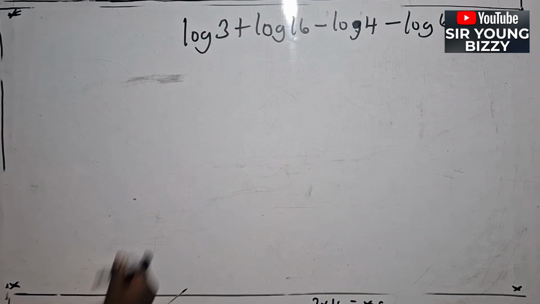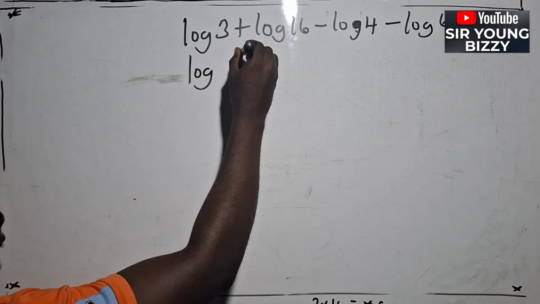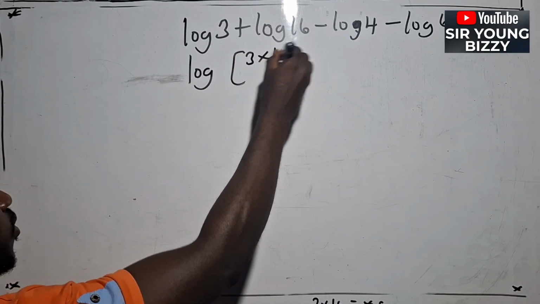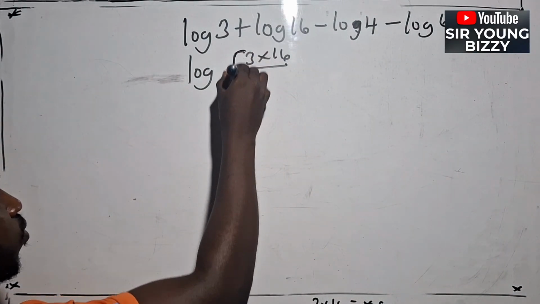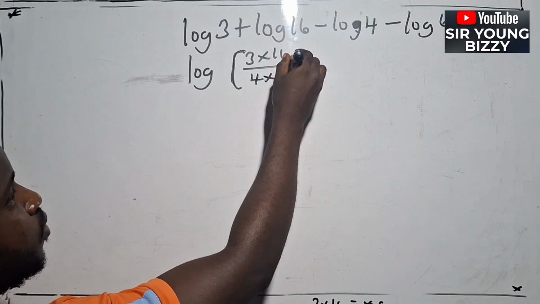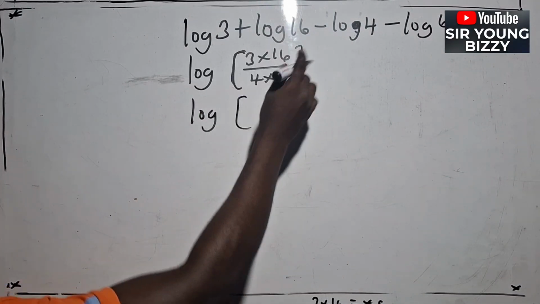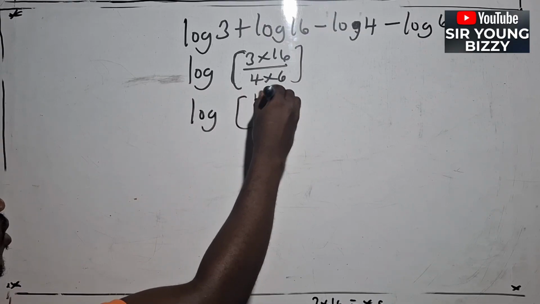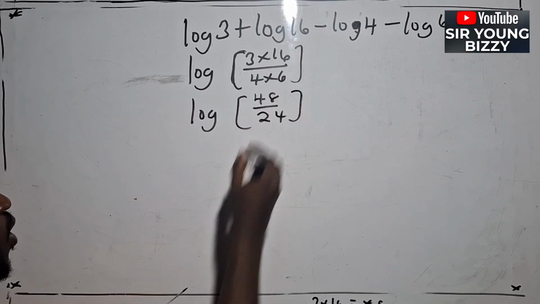So to express them as a single log, you multiply 3 times 16, and since the negatives are affecting this log, they will divide, 4 times 6. Then log 3 times 16 gives us 48, and 4 times 6 gives us 24.